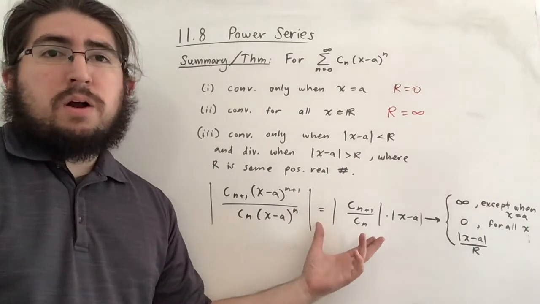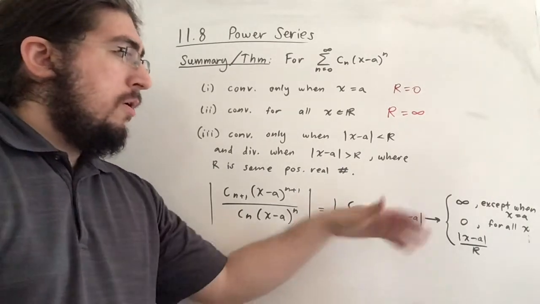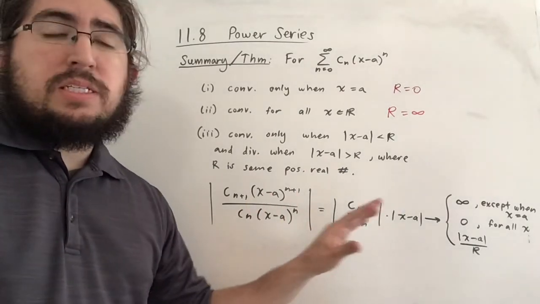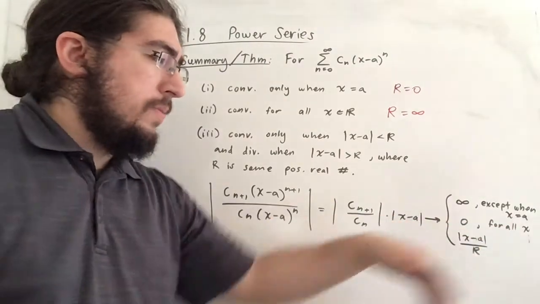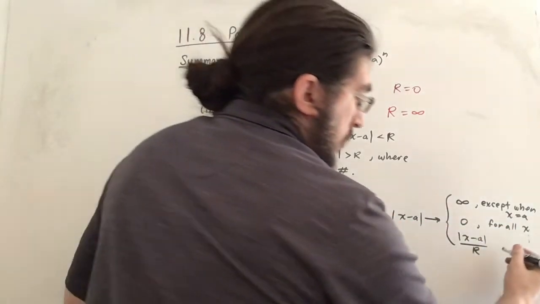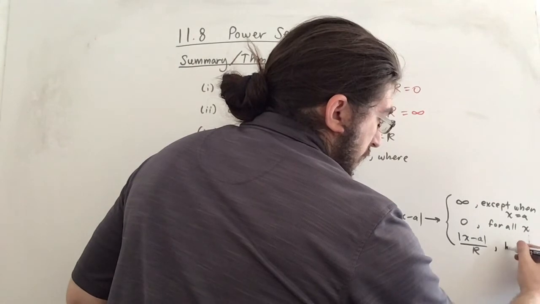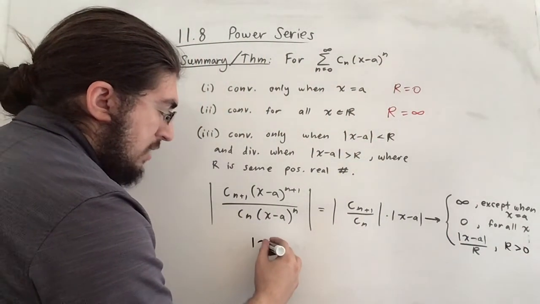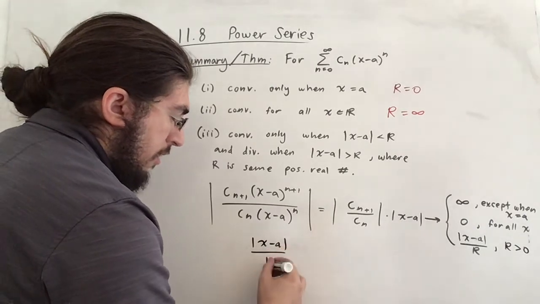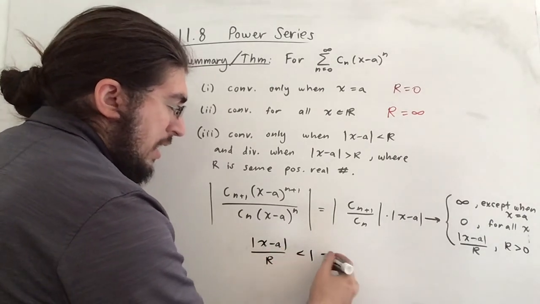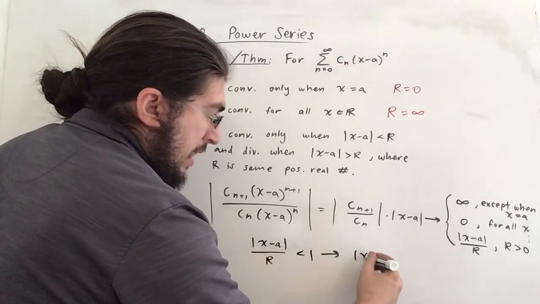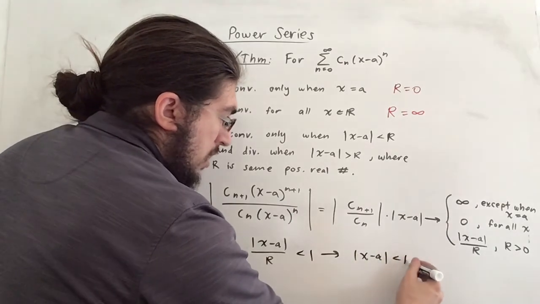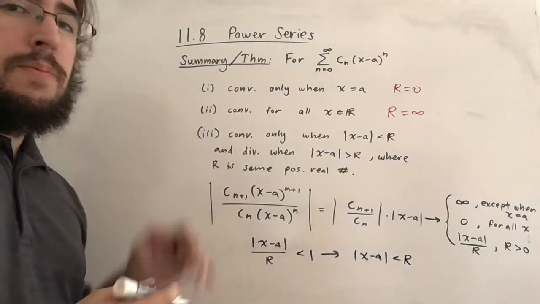Why I'm calling it 1 over r is because by the ratio test, we want to force this to be convergent, so I want it to be less than 1. So if x minus a in absolute value over r is less than 1, then we can multiply both sides by r and get the conclusion that we're aiming for from the summary above.